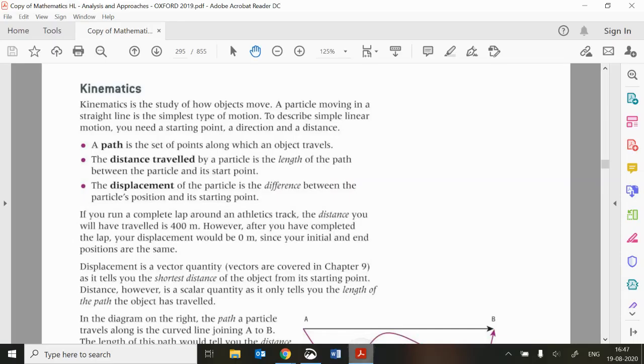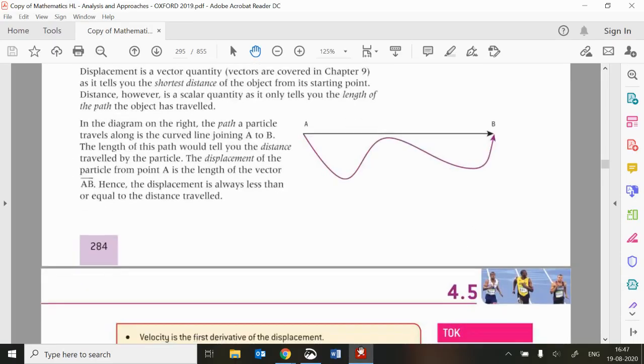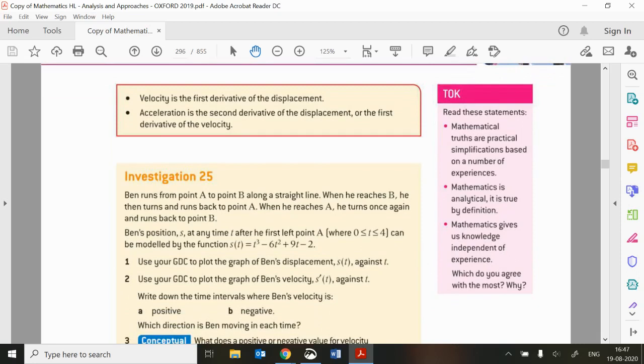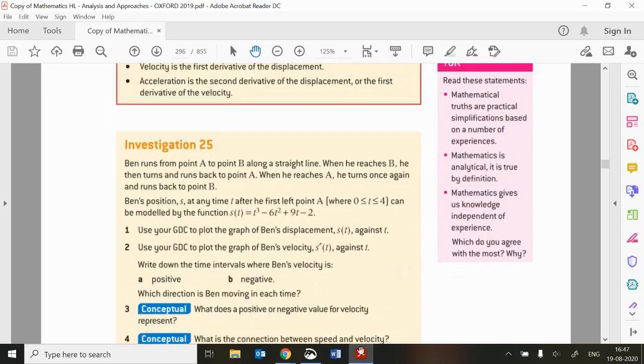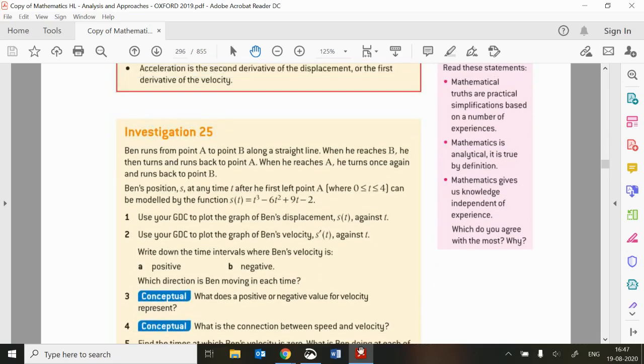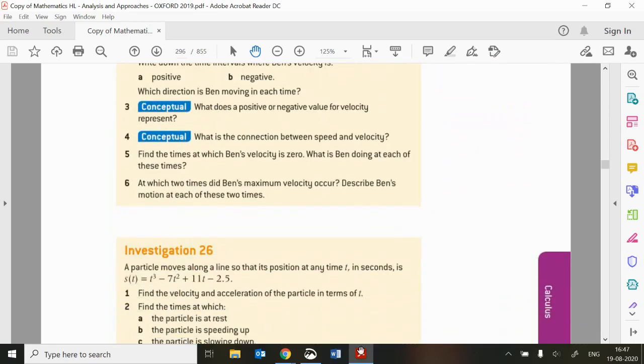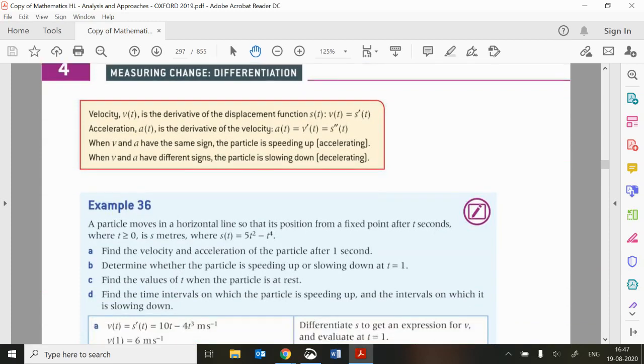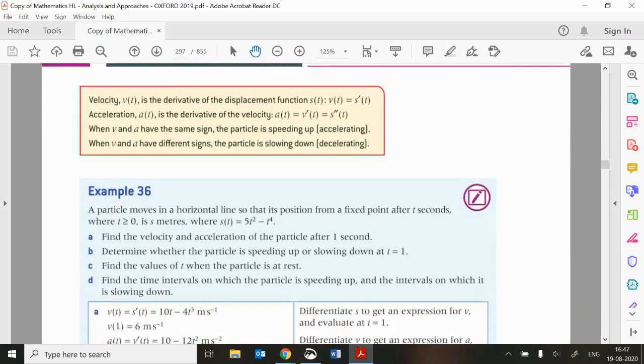Okay, so let's have a look at these questions then. They say in the little box here, velocity is the first derivative of displacement, acceleration is the second derivative of displacement, or the first derivative of velocity. And then they formalize it in this little box here. They also note that when V and A have the same sign, the particle is speeding up, and when V and A have different signs, the particle is slowing down.